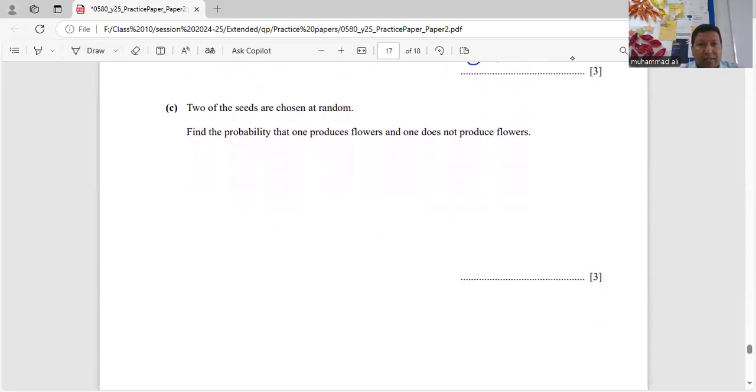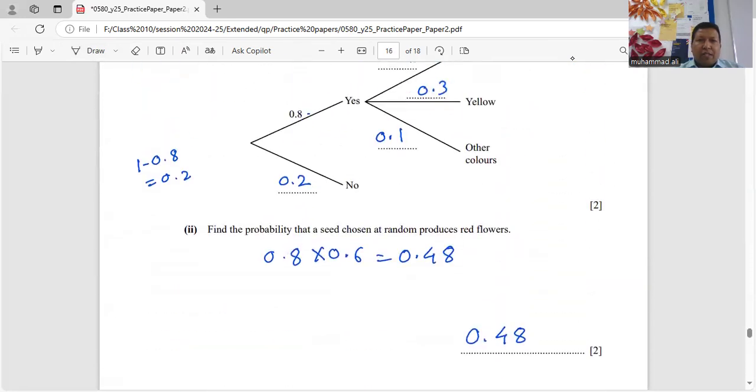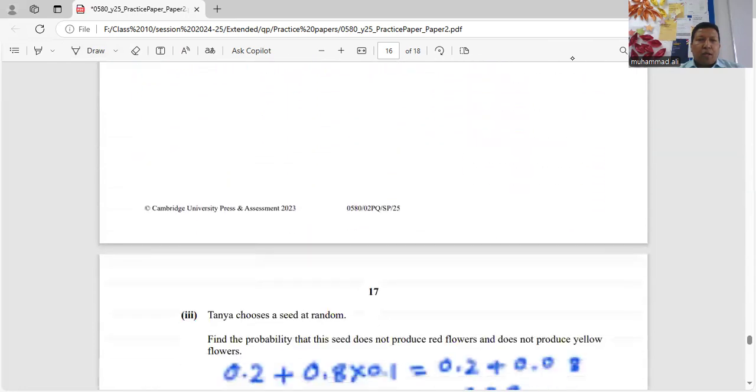Part C. 2 of the seeds are chosen at random. Find the probability that one produces flowers and one does not produce flowers. So when it produces flowers, it will be 0.8 and not produce flowers is 0.2.